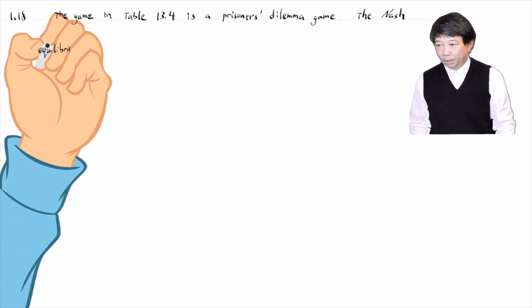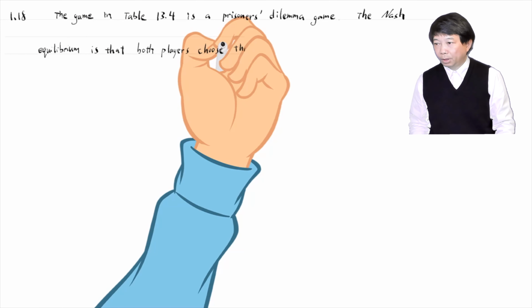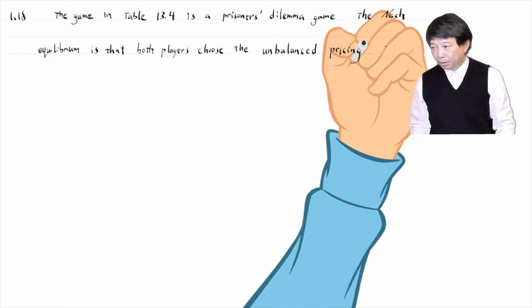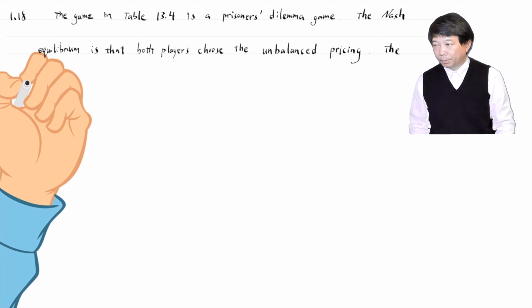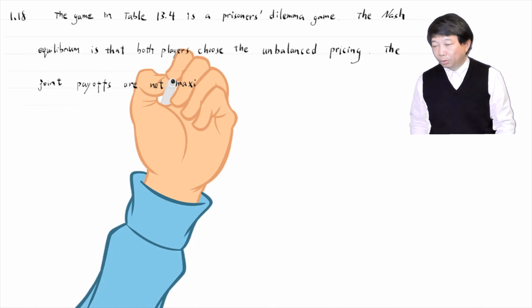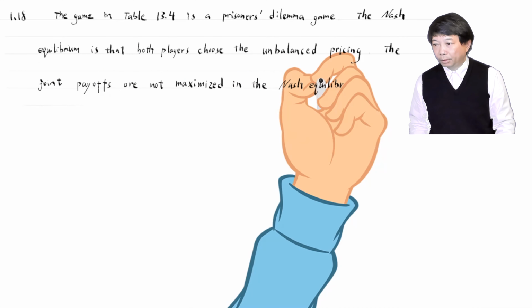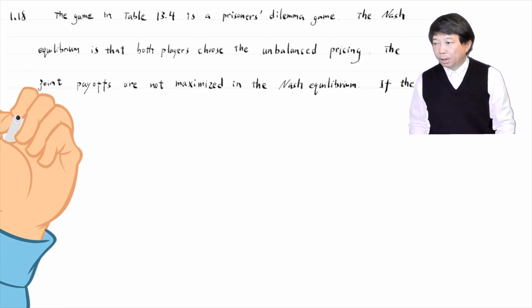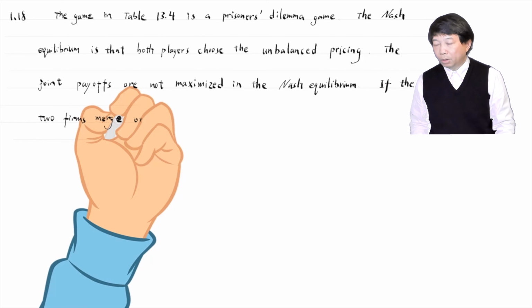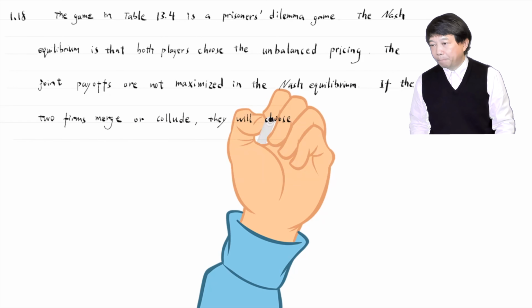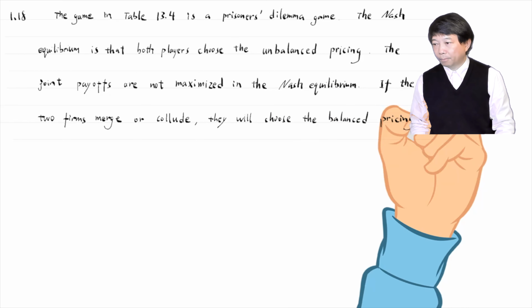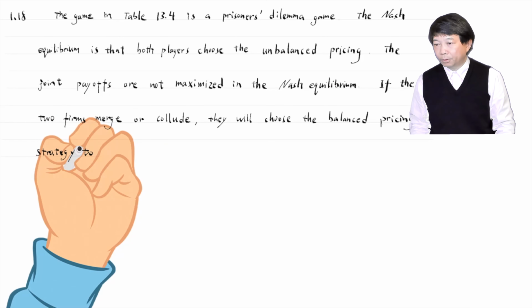The Nash equilibrium is that both players choose the unbalanced pricing. The joint payoffs are not maximized in the Nash equilibrium. If the two firms merge or collude, they will choose the balanced pricing strategy to maximize their profits.